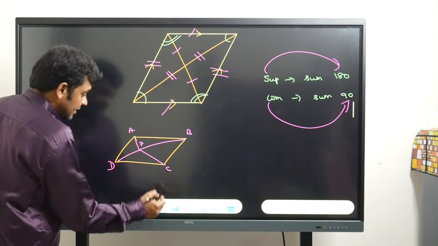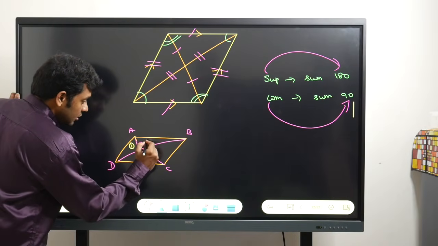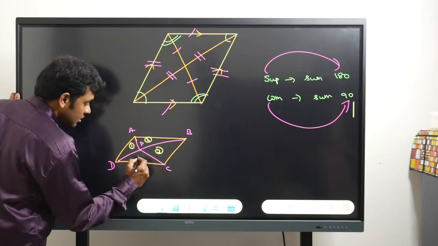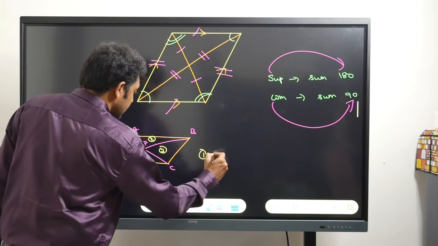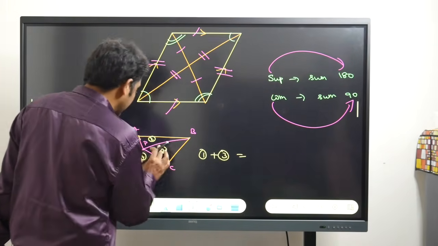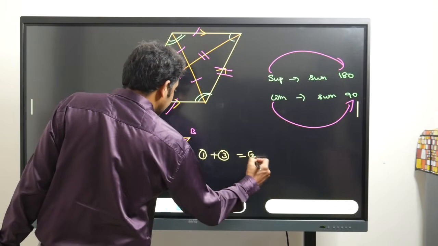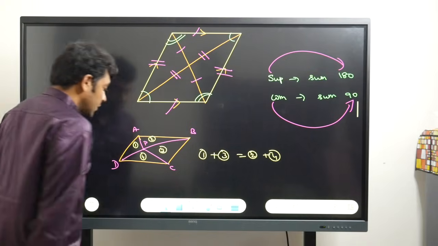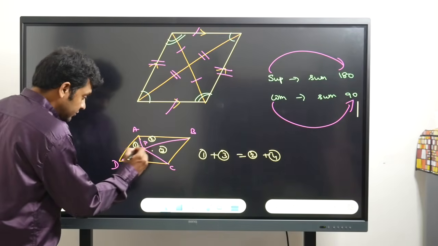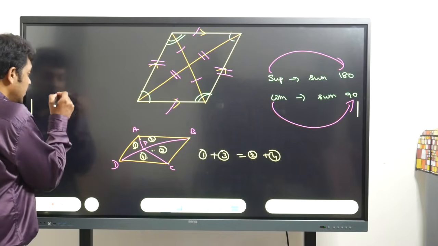So we have four triangles: triangle 1, 2, 3, 4. The sum of the areas of the two triangles 1 and 3 is equal to the sum of the areas of the other two triangles 2 and 4. Okay, take a point. The sum of the areas of these two triangles is equal to the sum of the areas of these two triangles.